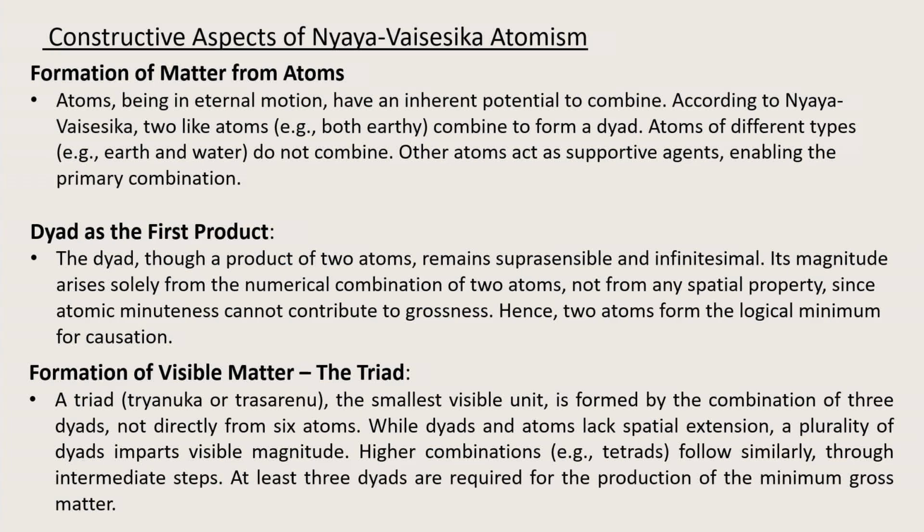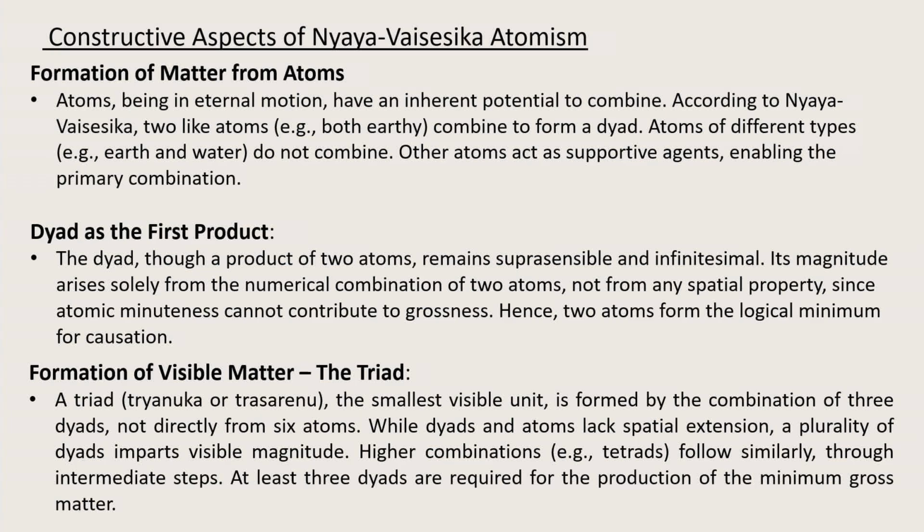Hence, two atoms form the logical minimum for causation. Formation of visible matter, the triad. The triad, the smallest visible unit, is formed by the combination of three dvayad, not directly from six atoms, while dvayad and atom lack spatial extension.